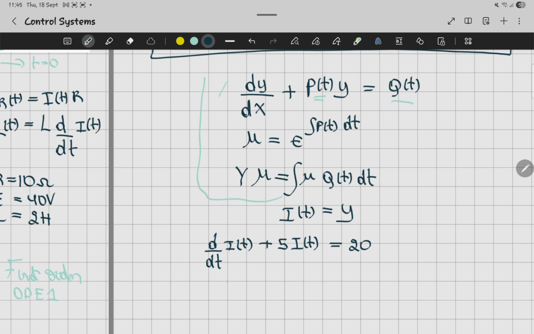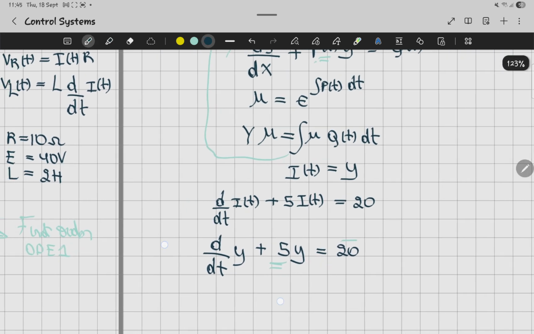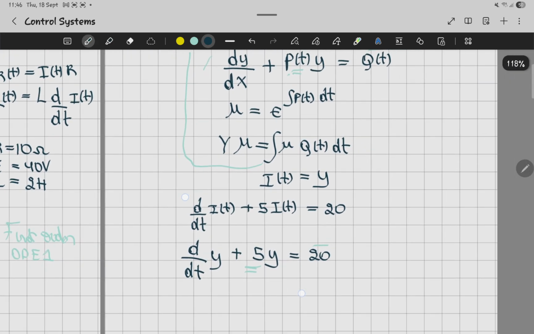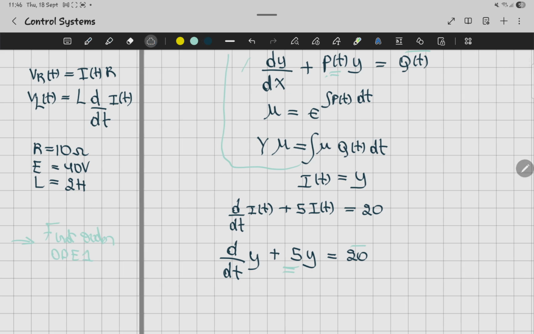If I write this equation in that form, it's going to be d/dt y plus 5y equal to 20. Now you should be able to tell that this is P(t), and this one is Q(t) that you see there. That being said, now if I write this equation, I'm going to make some space.